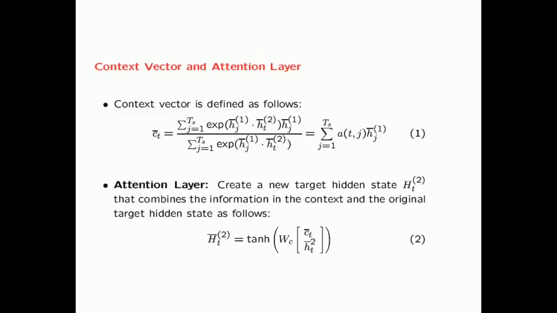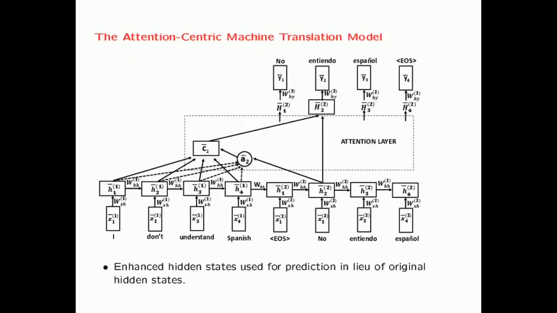So this hidden state is more enhanced because you have also used this additional context. Now you can see that you have a new representation where you have added an attention layer. You have an attention vector which I've shown here, A2, and that is used to create the context, and the context goes into the hidden state HT2.